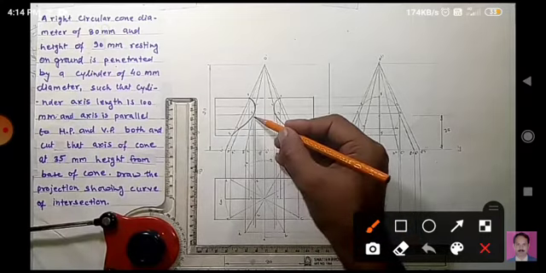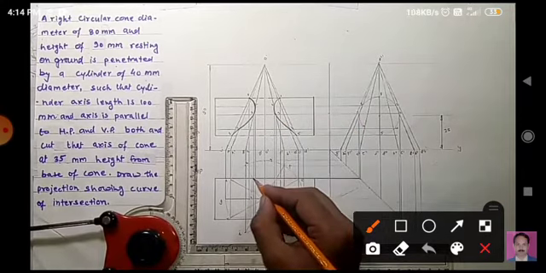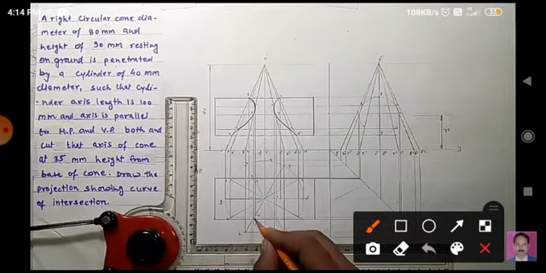And one more thing you can do, just draw the left hand side, and with respect to that left hand side you can draw the points on the right side also.